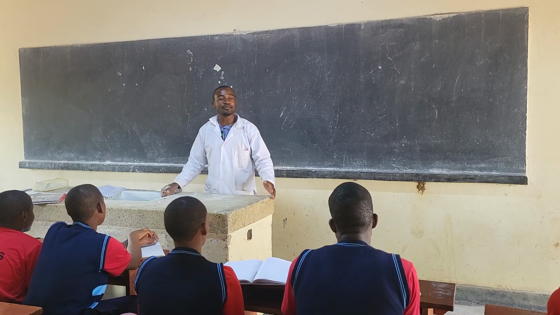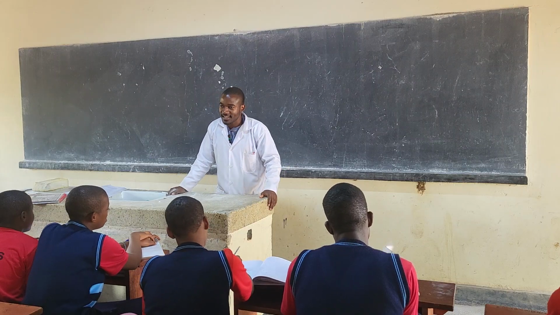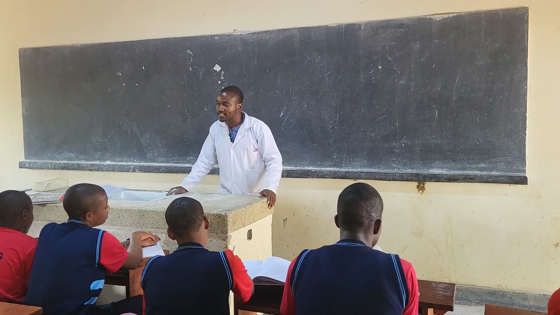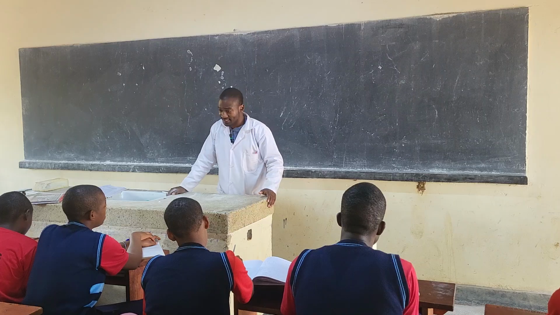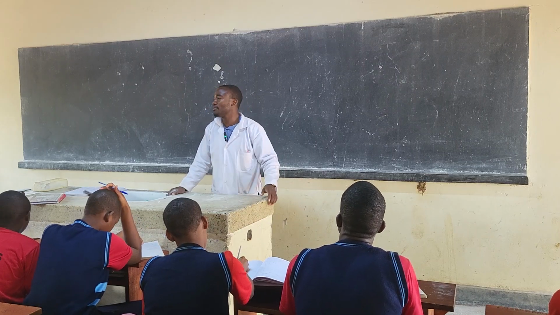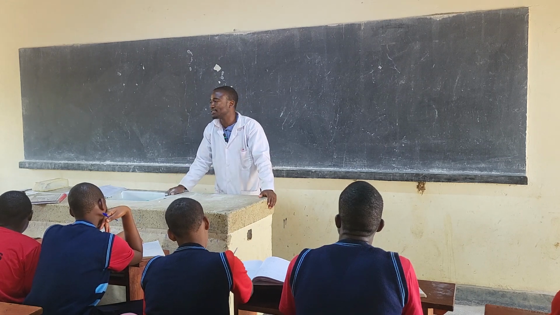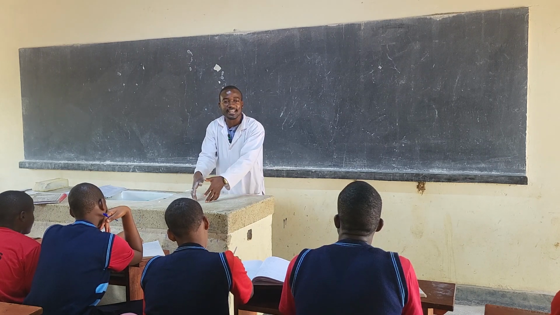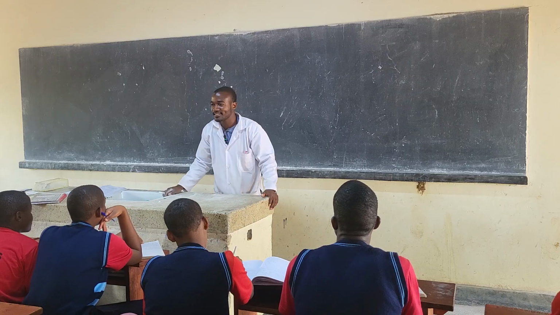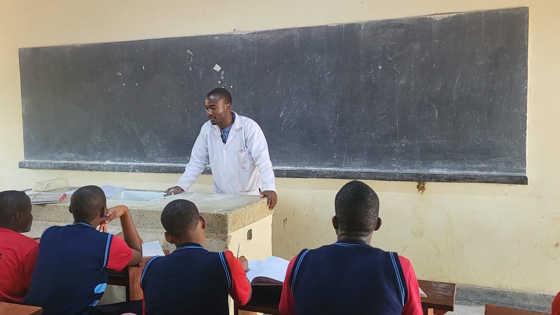Two is the separation between the plates. Once you increase the separation between the plates, you will be reducing the capacitance. Then the third factor is the permittivity of the medium, or the presence of an insulator between the plates. The more you bring an insulator between the plates, you will be building up the capacitance of the capacitor.